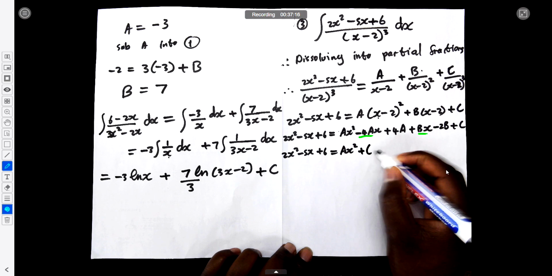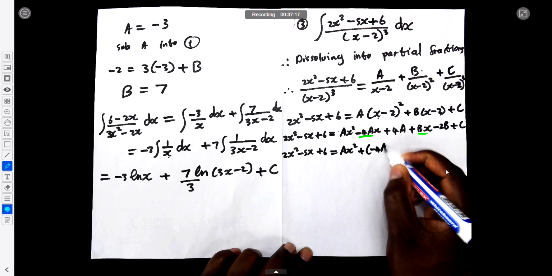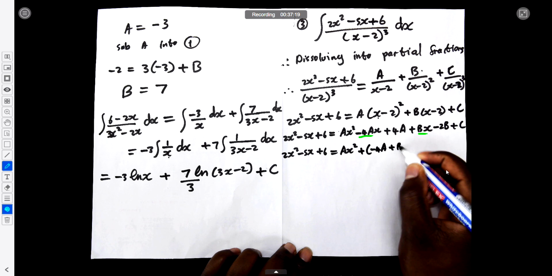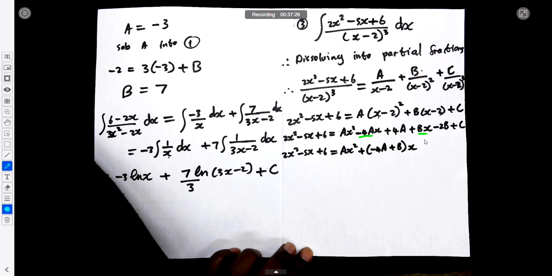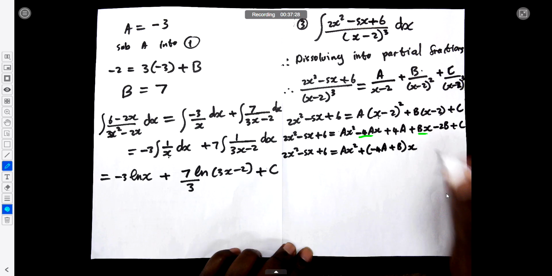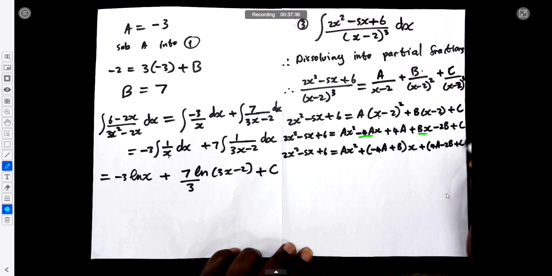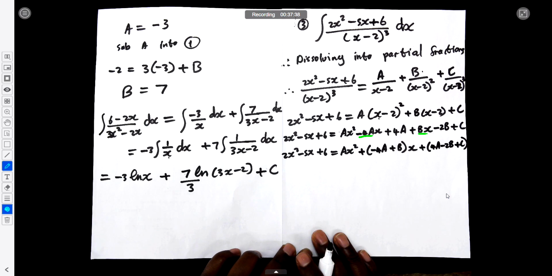Hence I will say plus minus 4A plus B, factor out x. And the constants we group together. So it's 4A minus 2B plus C.